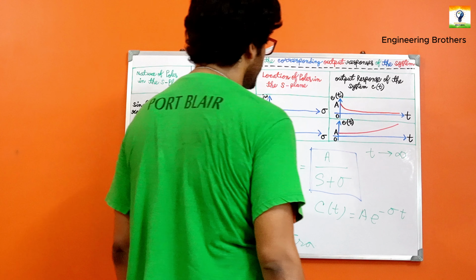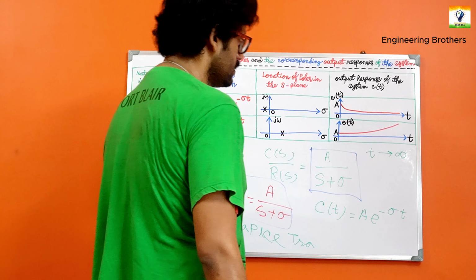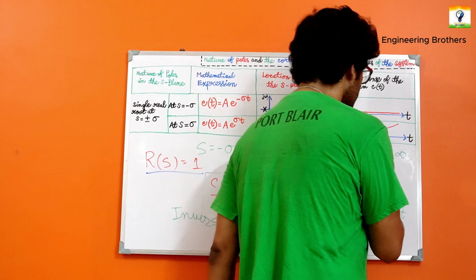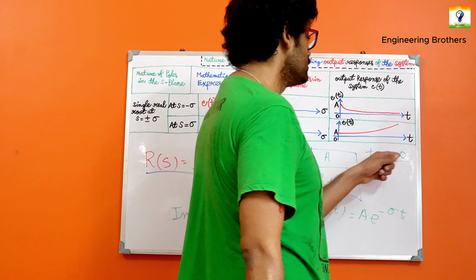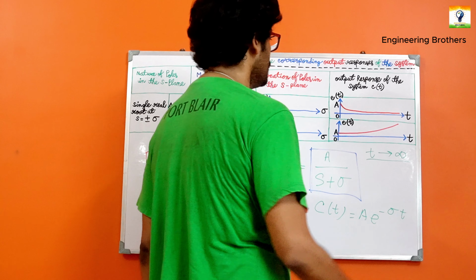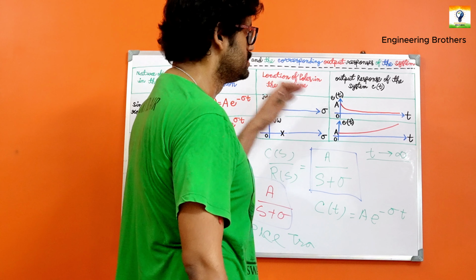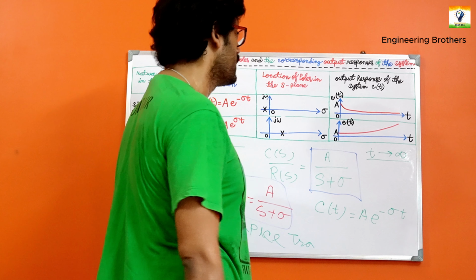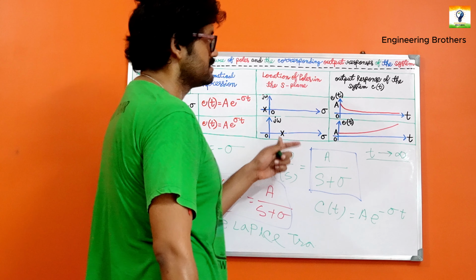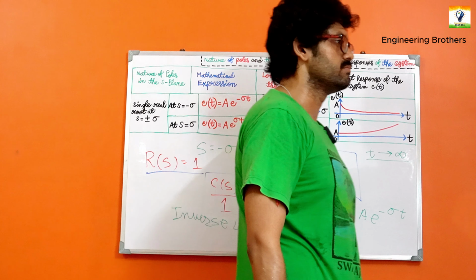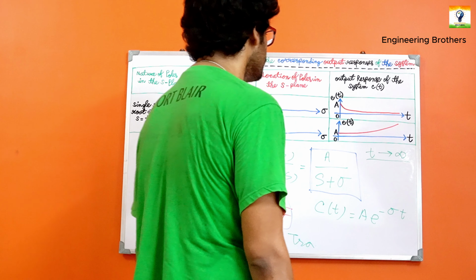Quite naturally, I can say that the system is stable. Why? Because if we increase the time, as time t tends to infinity, the output response goes to 0. That has a finite value, and there is a possibility of having a finite value in our future consideration too.